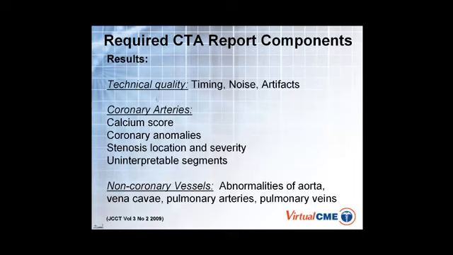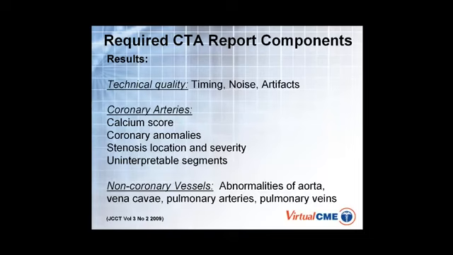Finally, the coronary arteries. If a calcium score is done, you should report individual vessel scores as well as the total score and estimated severity. If there are any coronary anomalies, those should be described. And then in particular, the coronary stenosis, if present, describing both the location and the severity of the stenosis, as well as some information about the lesion itself.